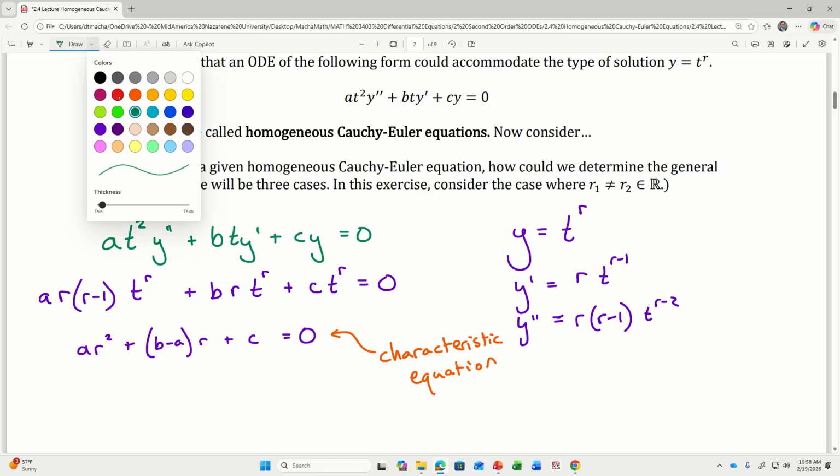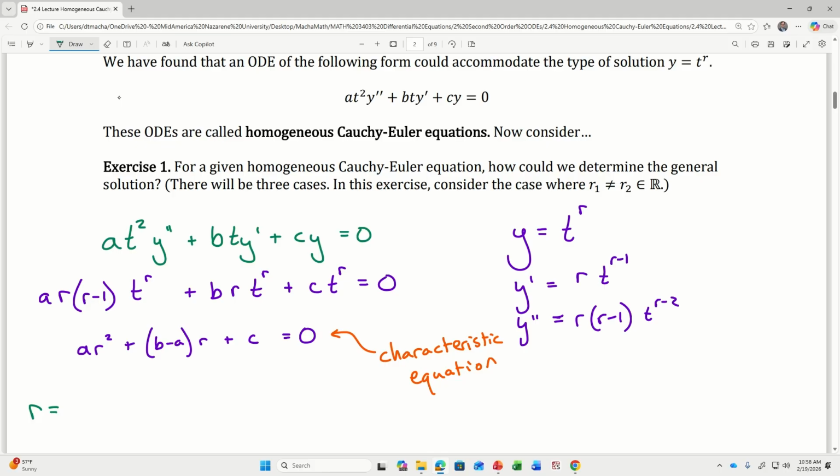And just like before, this is also a quadratic equation. And the solutions to a quadratic equation are r equals, and the quadratic formula says negative b over 2a plus or minus the square root of the discriminant divided by 2a. But whenever we say negative b over 2a, we're actually talking about the coefficient on the linear term in your quadratic.